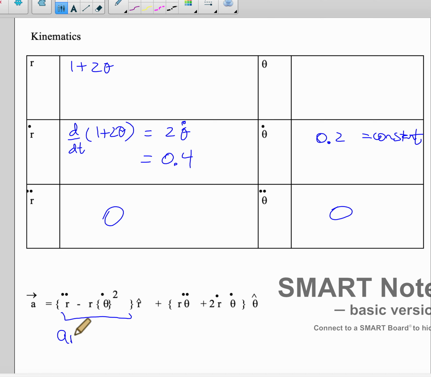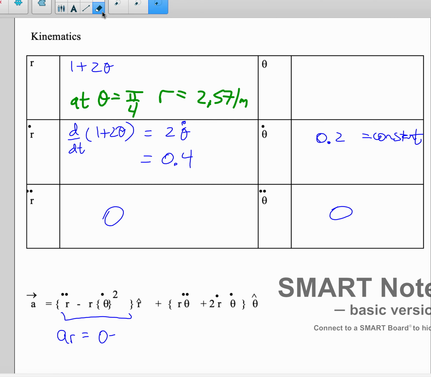Here's the radial acceleration, it's 0 minus, I forgot to change the green color. We work out the value of r here at pi over 4. I think we're in meter units here. Nope, we're not. We're in foot units, good old imperial units. 2.571 feet.